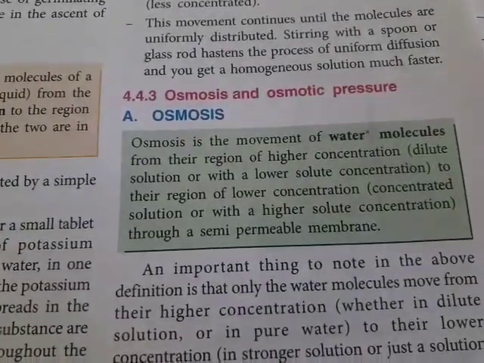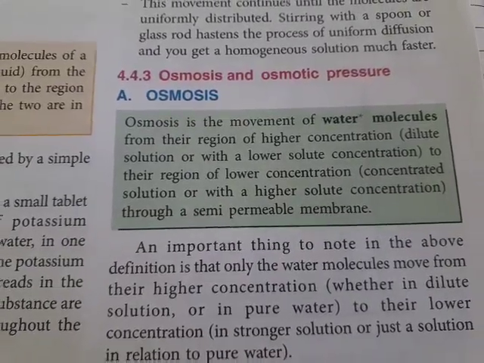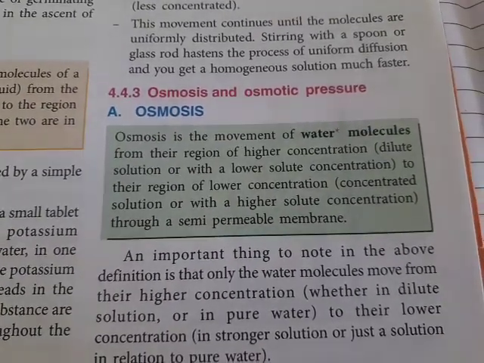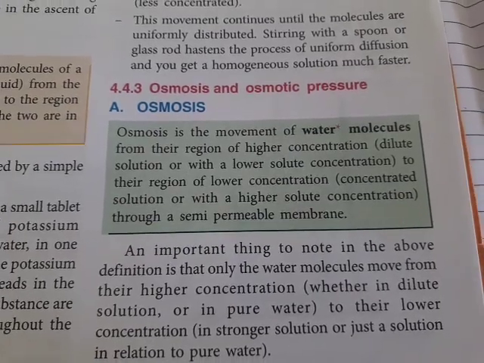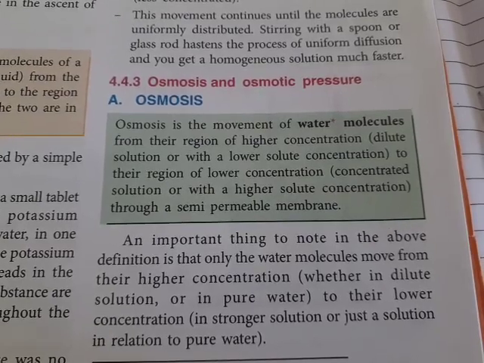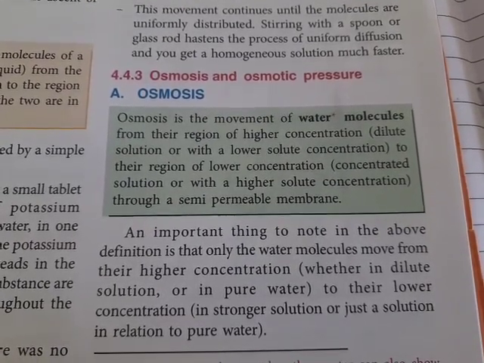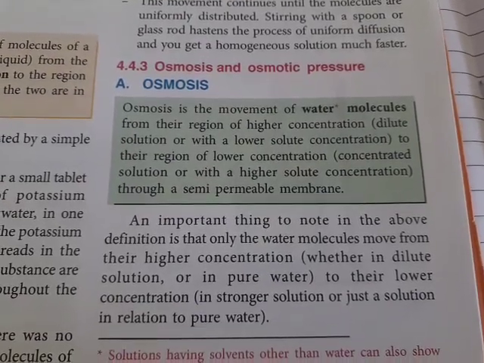So we say osmosis is the movement of water molecules from the region of high concentration, that's the dilute solution or low solute concentration. Dilute solution means more amount of water. Solute is, we can take sugar as a solute, salt is a solute, right? So that's low solute concentration.